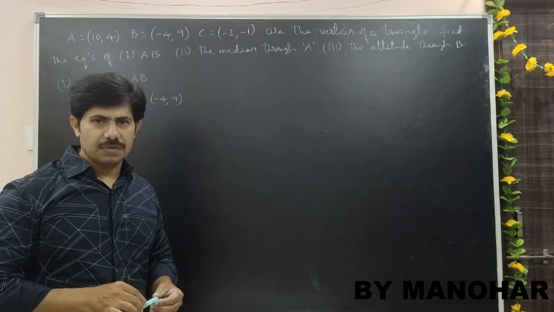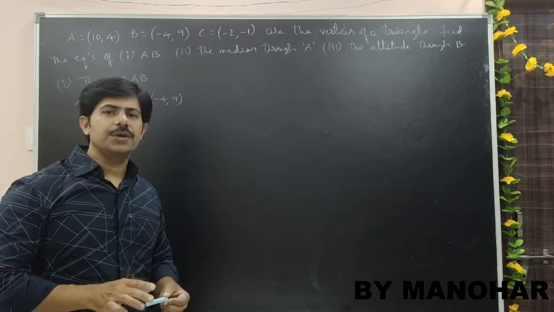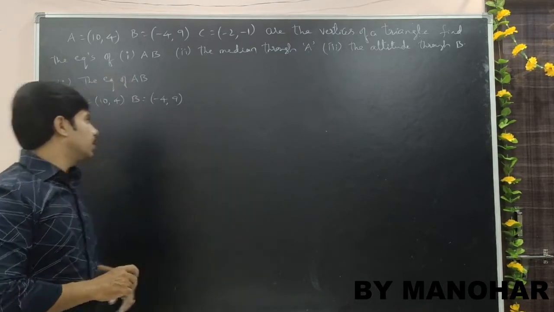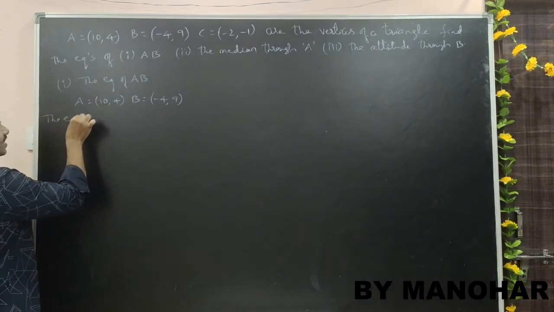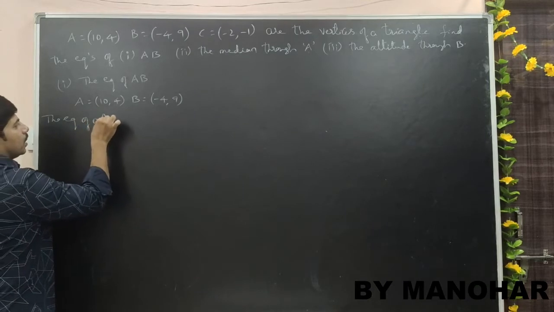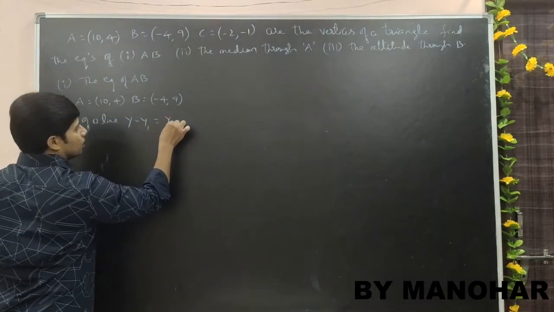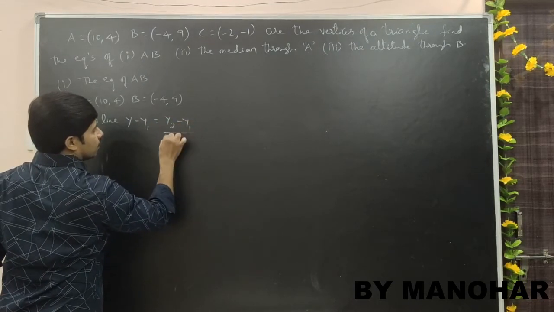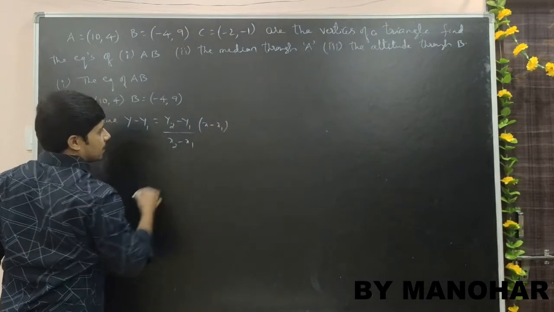It is y minus y1 is equal to (y2 minus y1) by (x2 minus x1) into (x minus x1). So I'll write that. So the equation of a line is y minus y1 is equal to (y2 minus y1) by (x2 minus x1) into (x minus x1).